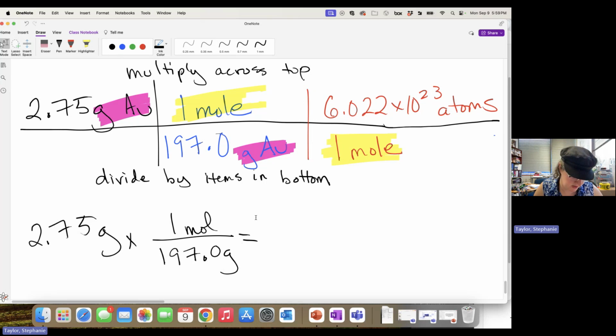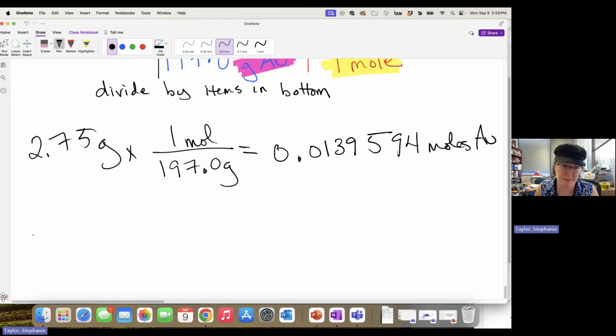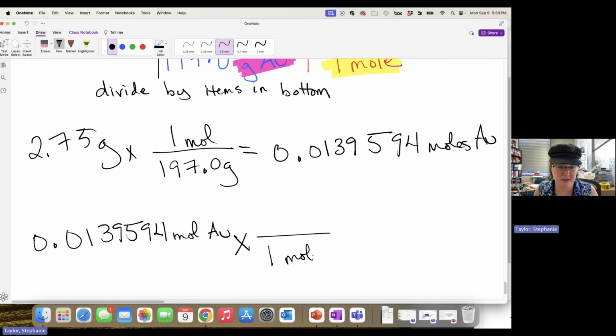I could have gone from grams to moles first, and shown that this is 1.0139594 moles of gold. And then I could have done a second step, taking some extra digits so that I don't round too early, moles of gold, and multiplying that times my 1 mole and my 6.022 times 10 to the 23rd atoms.